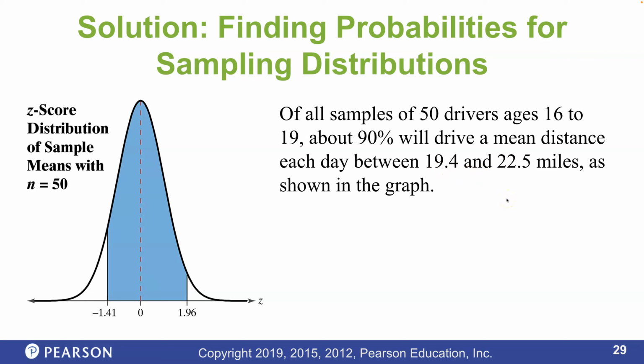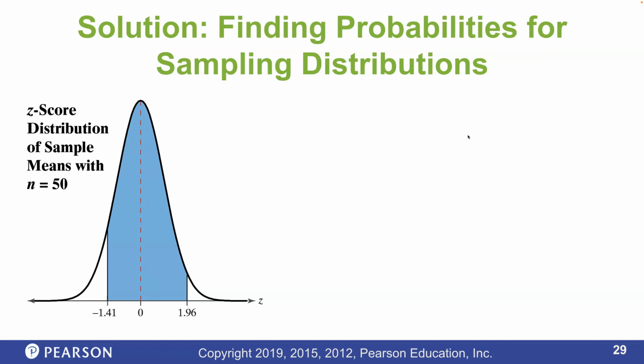So if I go out there and get, let's say, 50 drivers in this age group, and I find their average, and I get something like 45 miles, then either I sampled a very biased sample, let's say people who drive from West Virginia to DC, or maybe the sample mean that they were suggesting is wrong.